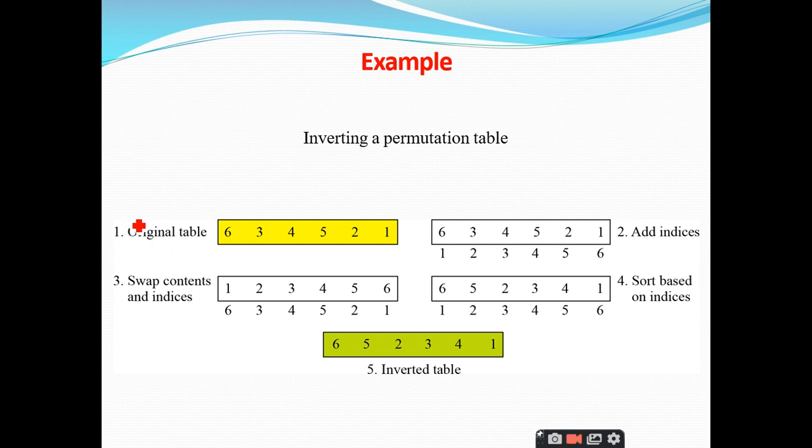Listen carefully. The first step is you have to take the original table. This is an example of 6 inputs. So what is the output we have? 6. Why? Because this is a straight P box, right? So how many outputs are there? Now tell me, what is this one? This is an original permutation table, whatever you are taking.